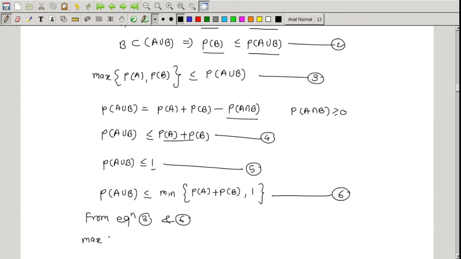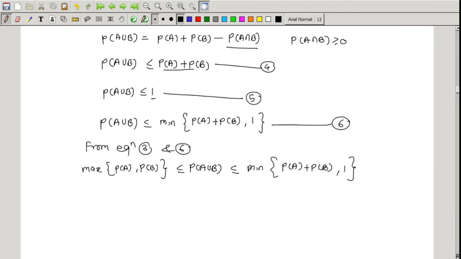Maximum of P of A comma P of B is less than or equal to your P of A union B, which is less than or equal to the minimum of P of A plus P of B comma 1. So this is the proof of the given statement.